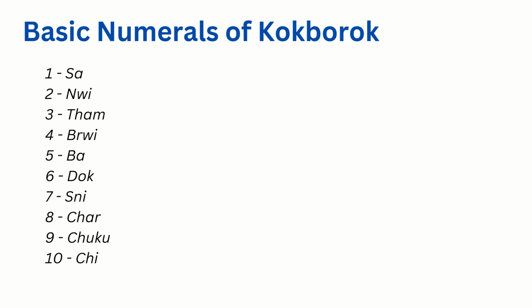In Kokborok, we require to learn the terms for the first 10 numbers only, because Kokborok Lekhamung is a base of 10, meaning there are 10 different digits in Kokborok Lekhamung. Although we do not have any name for 0, we still have 10 different digits, and we require to learn the terms corresponding to these 9 sets of unique digits only.